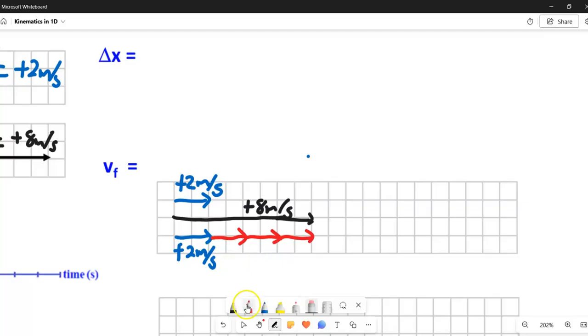So we're going to have to add 3 of these acceleration vectors, which is positive 2 meters per second for every second, another positive 2 meters per second for this second, and another positive 2 meters per second over this next second. And so there's going to be 3 of those because there's 3 seconds. So our initial velocity vector, which is 2, we're going to add 3 acceleration vectors, and that is going to be 8. So what that means is our acceleration is actually positive 2 meters per second.